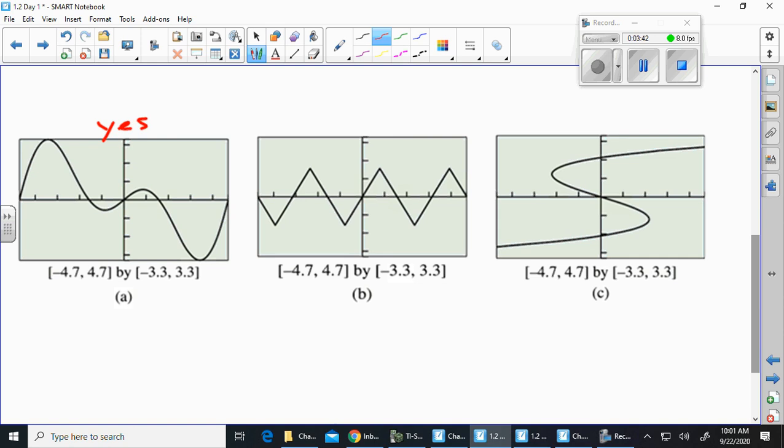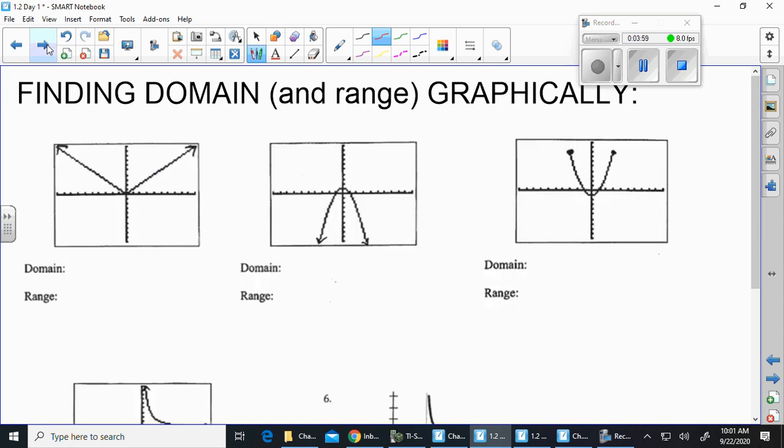This is a function. This is a function. This is not a function. I can't have this one x give me 3 different y's. So that idea should be pretty clear, we got that.